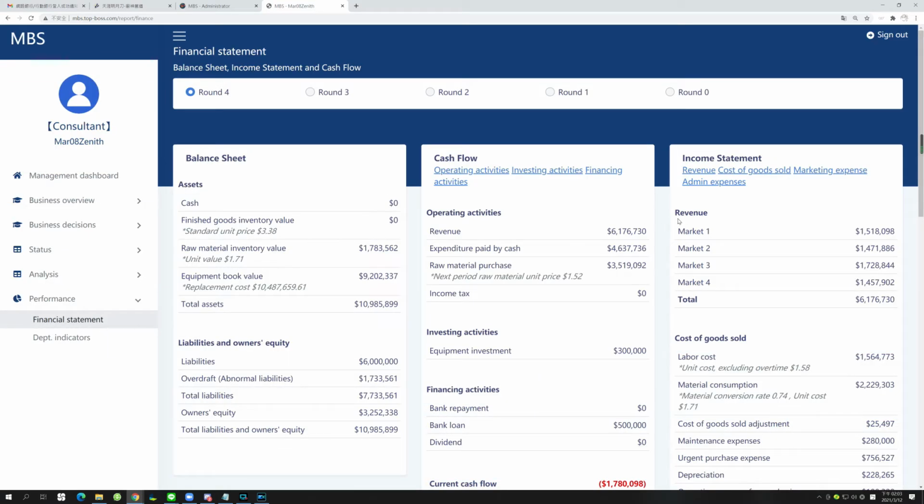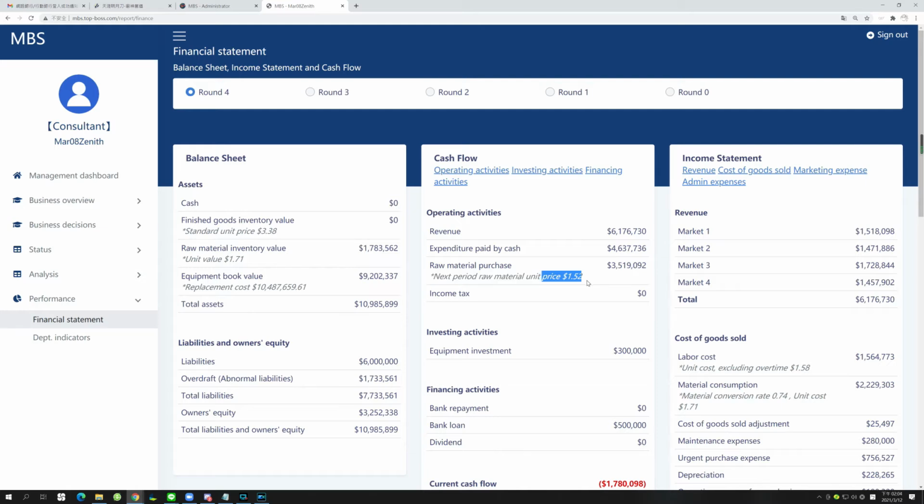And when you look at the financial statement of the company, there are cash flow figures, and it shows the material unit price. And we have to look at the patterns of the material unit price to see the ups and downs.